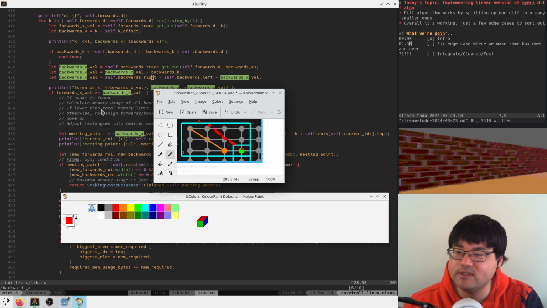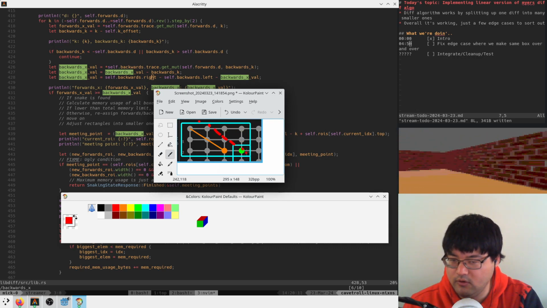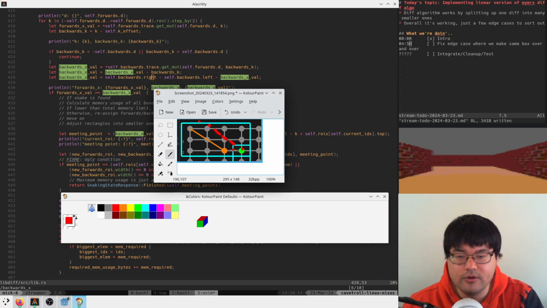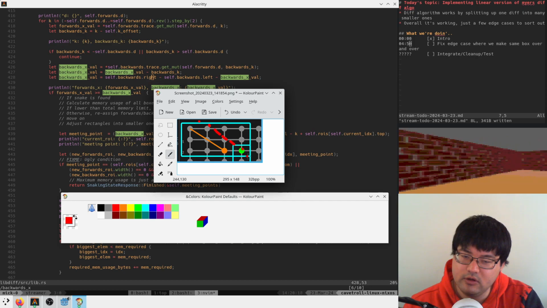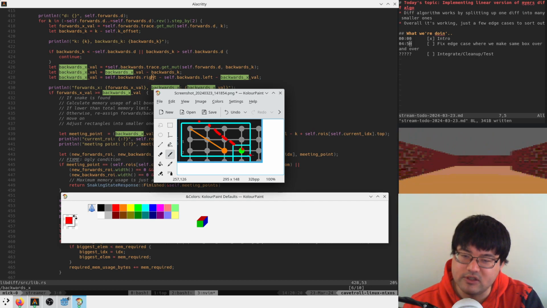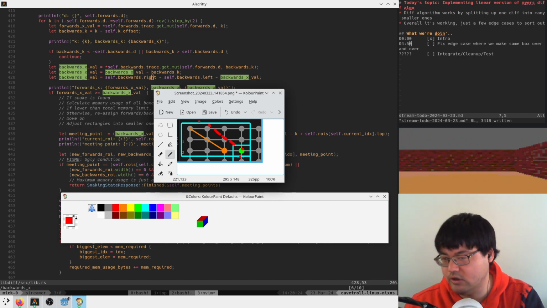The forwards K value was 3, which makes sense: 0, 1, 2, 3. But the backwards X value being 1 feels odd to me, because the backwards X value should also be 3.